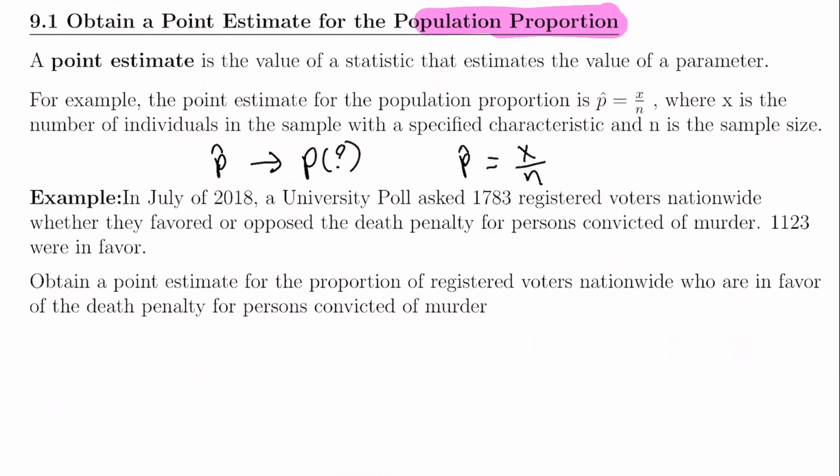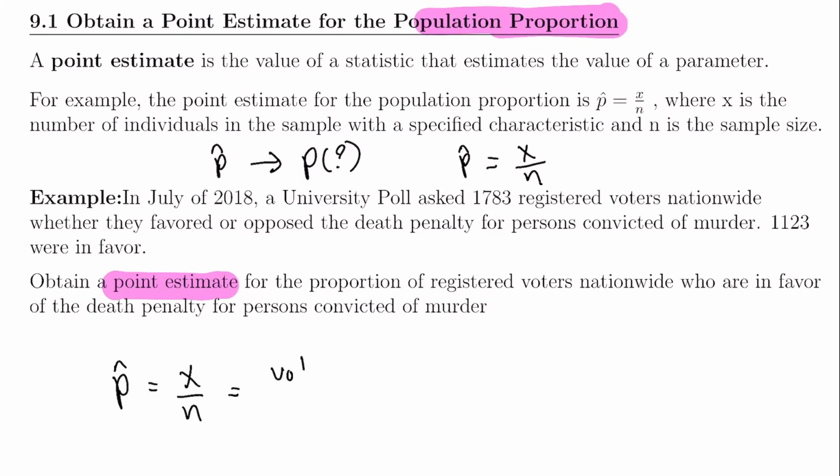It says obtain a point estimate for the proportion of registered voters nationwide who are in favor of the death penalty. So we want to find the point estimate, which means we want to find what p hat is equal to. So we want to do x divided by n.